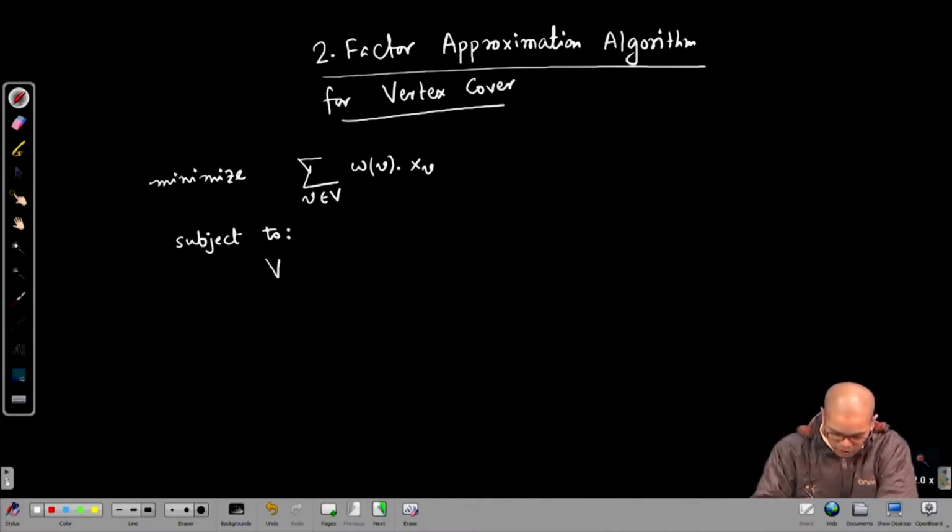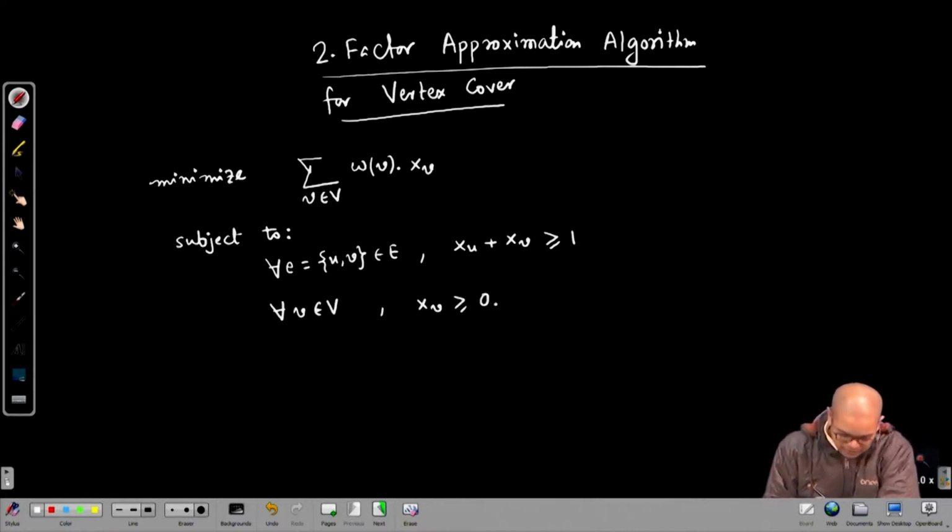Means for each edge e equal to (u, v) in E, the constraint is x_u plus x_v is greater than or equal to 1, and for all vertices v, x_v is greater than or equal to 0.